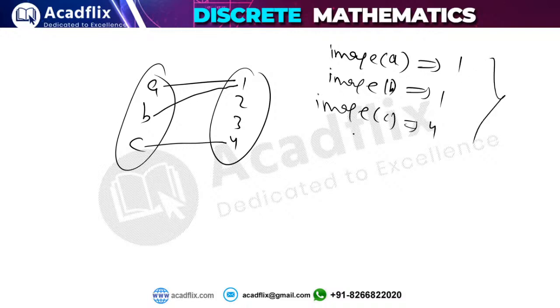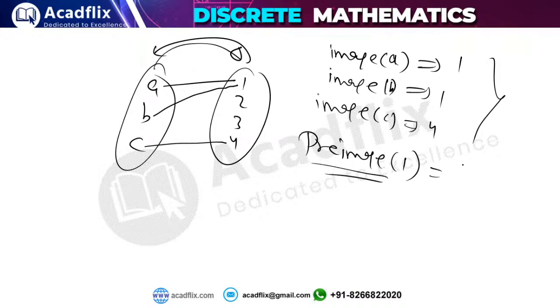Now I can talk about pre-image. If the image of A is 1, what is the pre-image of 1? The pre-image of 1 is A comma B.